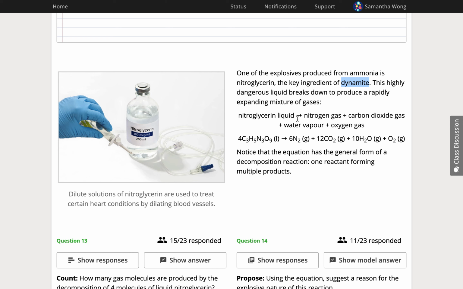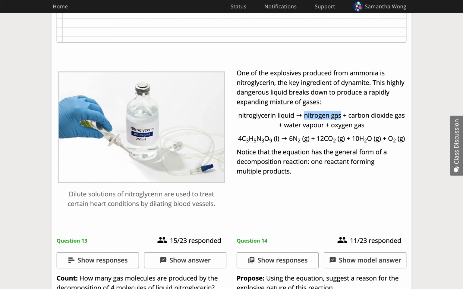So we've got nitroglycerin liquid, which breaks down to form nitrogen gas, carbon dioxide gas, water vapor, and oxygen gas. So here we have our nitroglycerin liquid, because it tells us it's a liquid.